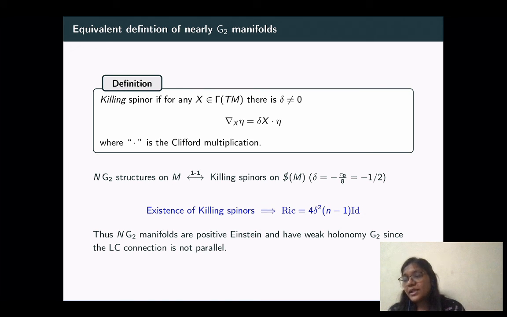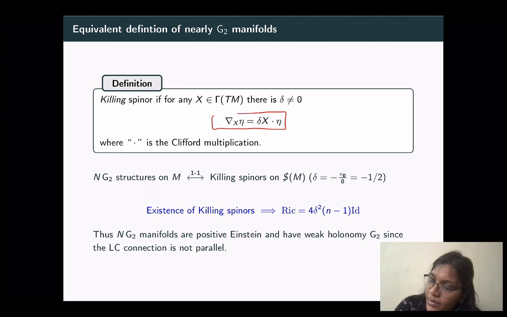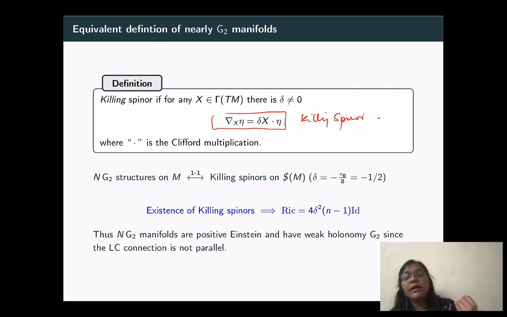We have now seen this is the definition of a Killing spinor. A Killing spinor on a manifold satisfies that nabla x eta is some non-zero scalar multiple of x dot eta. So if the G2 structure is nearly G2, then the spinor associated to the G2 structure is a Killing spinor, and we have this one-to-one correspondence.